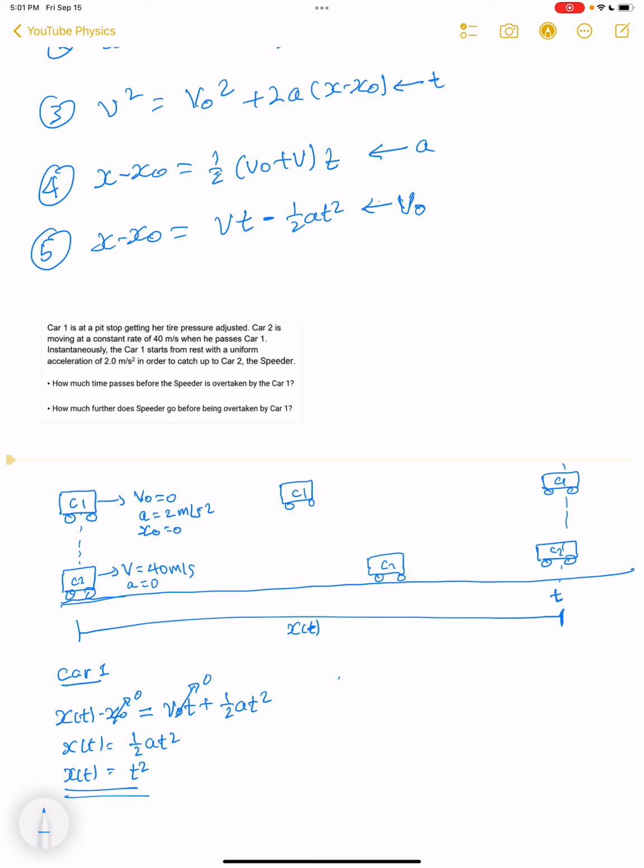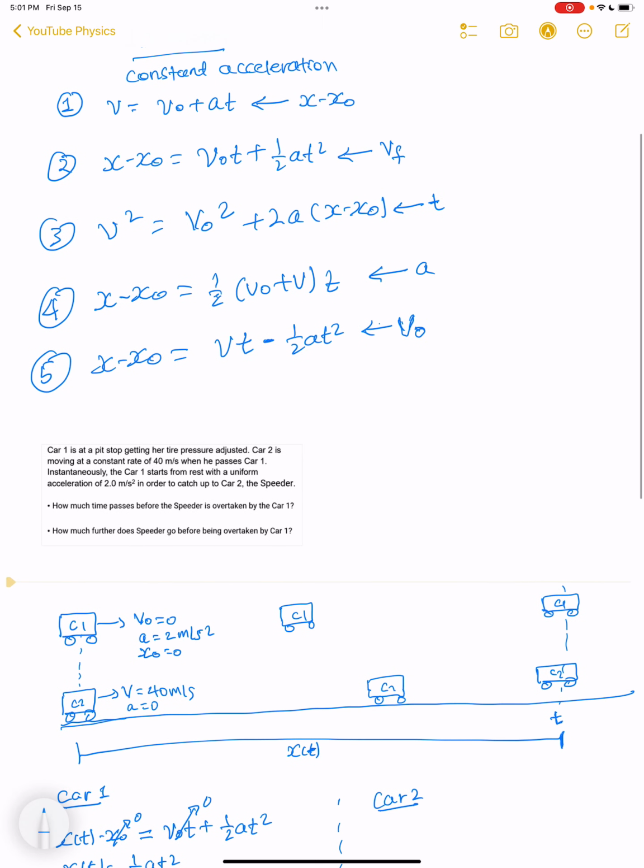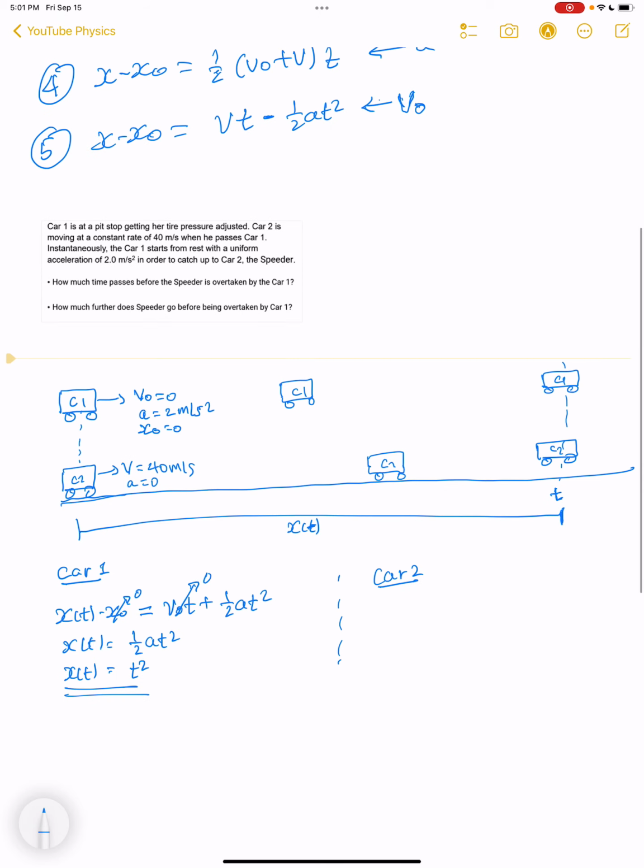Okay, and let's do the same thing for car 2. We could apply a really simple equation here, but let's use the same equation number 2: x of t minus x naught equals v naught t plus 1/2 a t squared. This car has an initial position of 0 when it passes car 1, and it also has acceleration of 0.